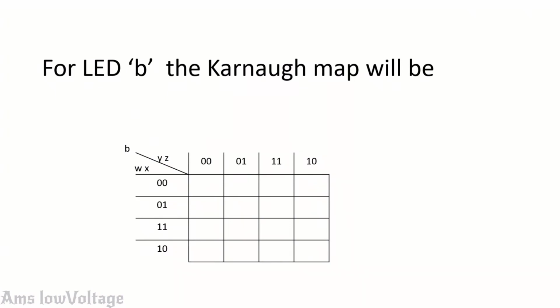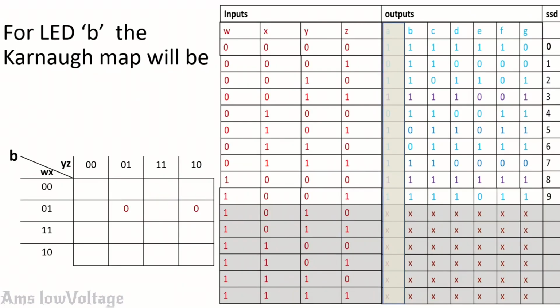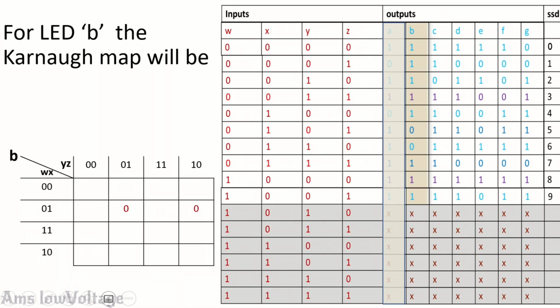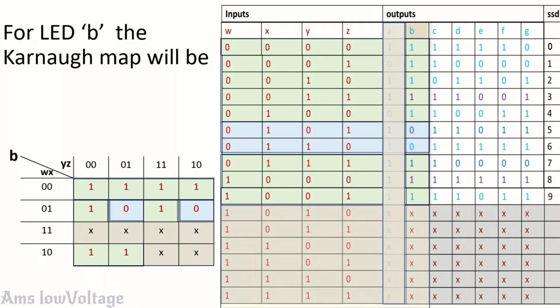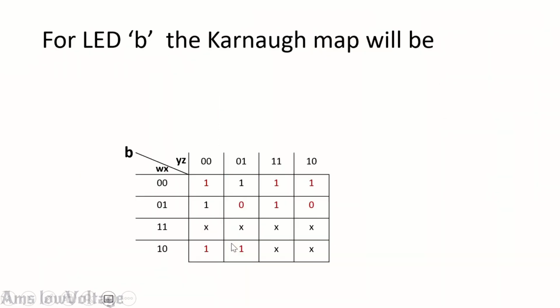So for LED B, the Karnaugh map will be like this. I'm changing the column from A to B, and then I'm gonna work with the column of B. In this column B, I'm gonna put the output of 0 first, 0 0 in this Karnaugh map, and 1 for all these ones here, and then all the don't care forms here, similarly to A. And for B we are grouping now.